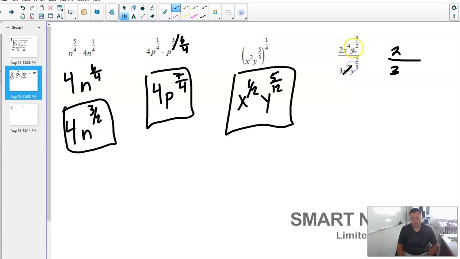Two of these are gone and two of these are gone, which leaves me with an x squared up here. And then my y's. When you have rational exponents, you just need to subtract, and I'm going to subtract the numerator from the denominator in this case.